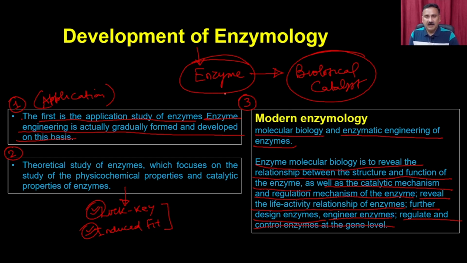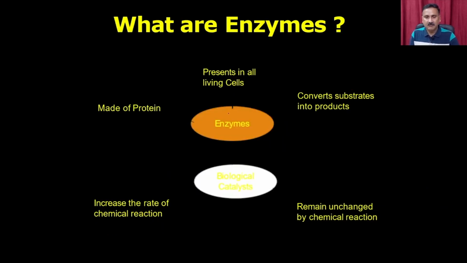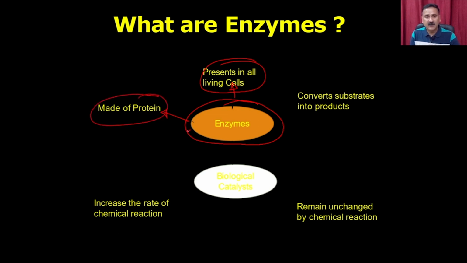Enzymes are molecules which are present in the living cell. They are mostly made up of proteins, although there are exceptions: you also have ribozymes, which are made up of RNA, and ribozymes do not catalyze all reactions. They only catalyze splicing reactions.